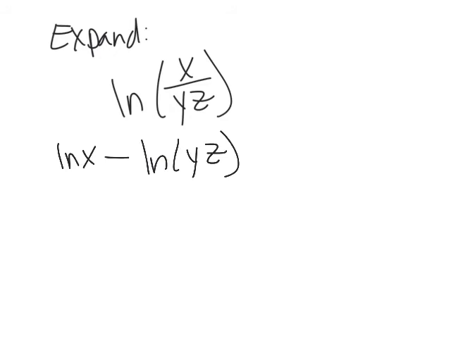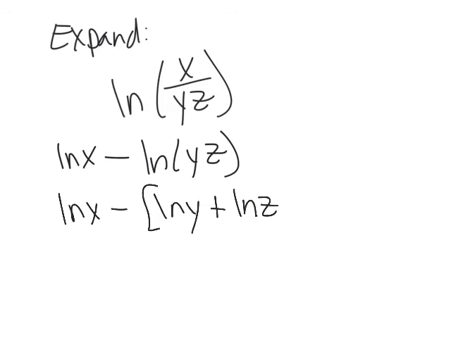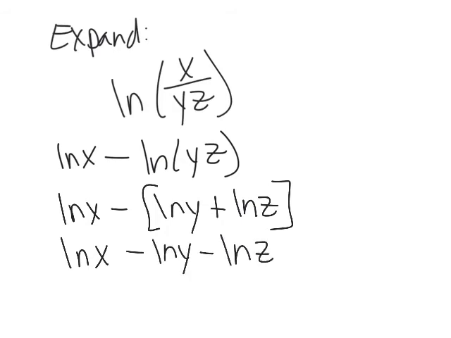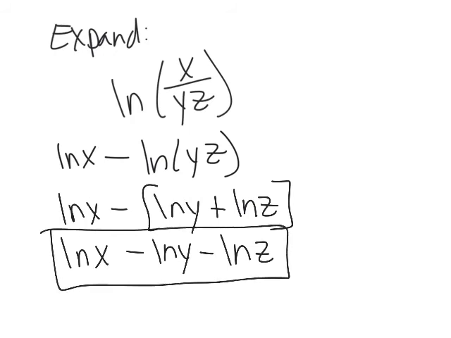You can leave that in parentheses. If I'm going to break this apart, the subtraction has to be taken care of. So the natural log of x minus, in parentheses or brackets, the natural log of y plus the natural log of z. You could leave your answer like that, or you could distribute the negative, because both of them have to have a negative coefficient in front. So you have to be careful when you have a product in the quotient.